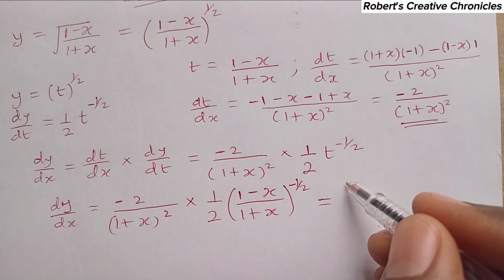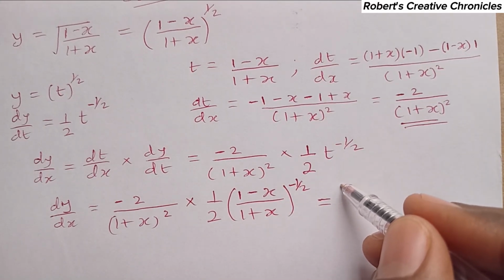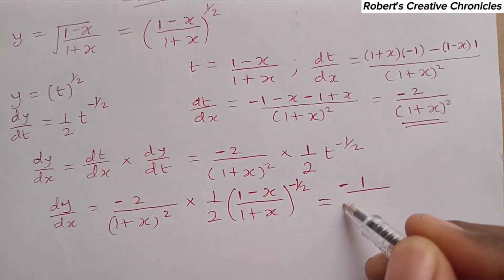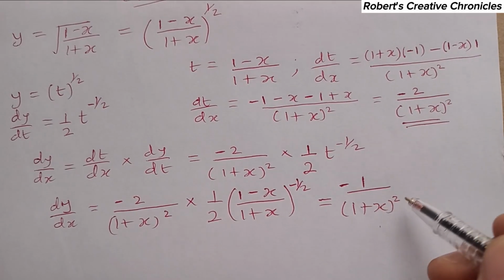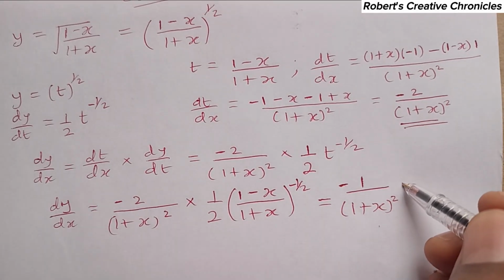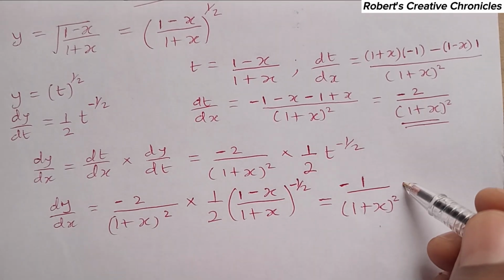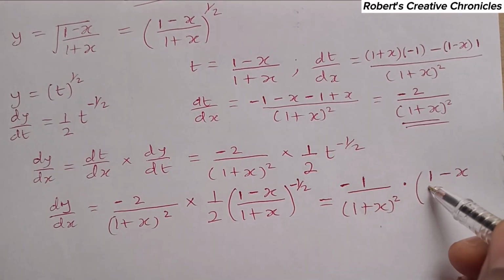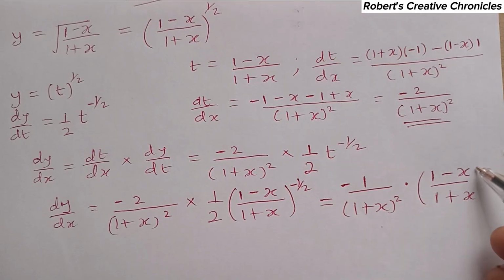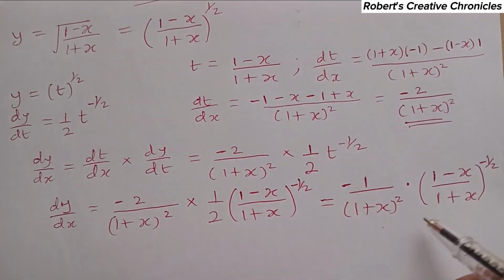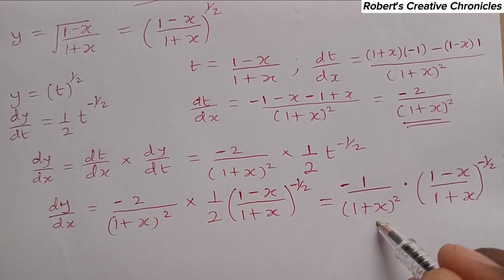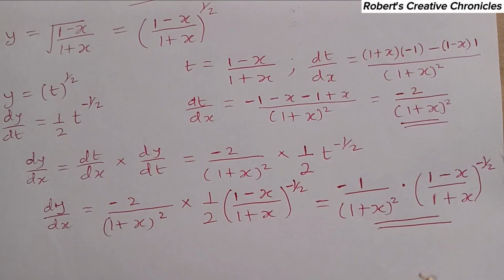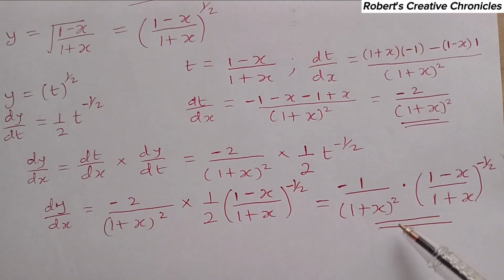So this becomes negative 1 over 1 plus x squared times (this dot represents times) 1 minus x over 1 plus x raised to the power of negative half. So this is the final answer. If you wish, you can further simplify it, but this is the answer.